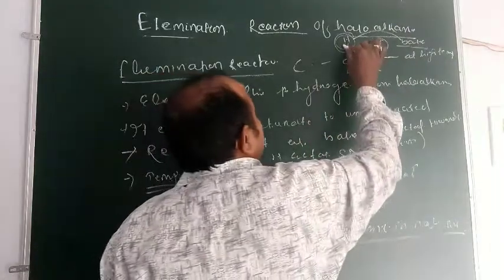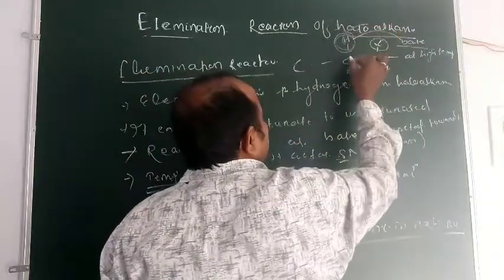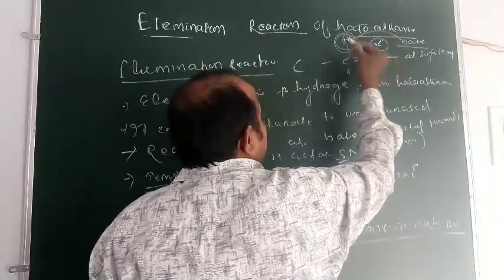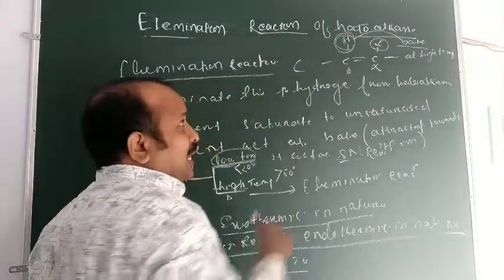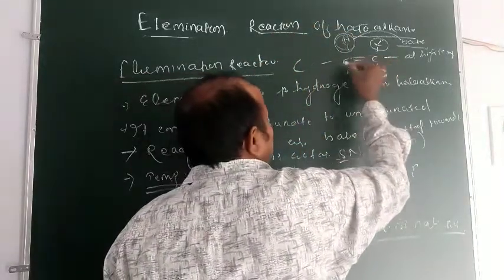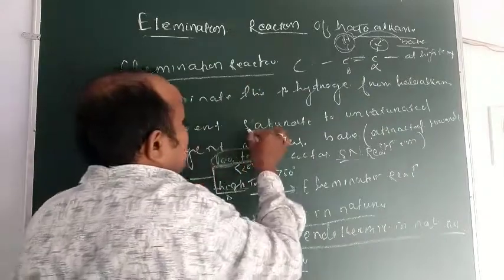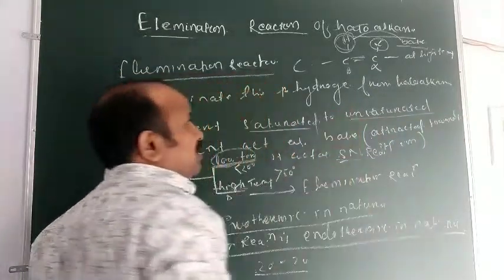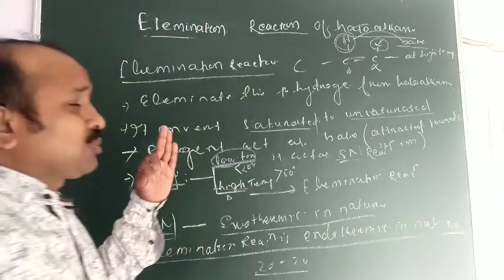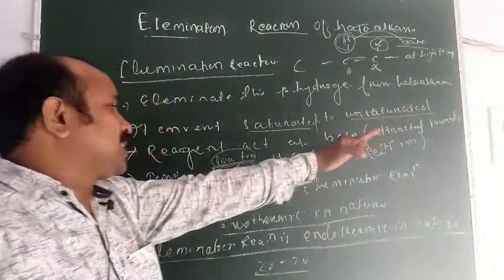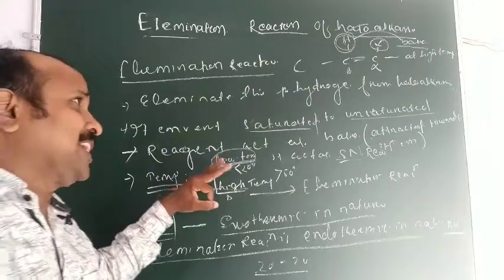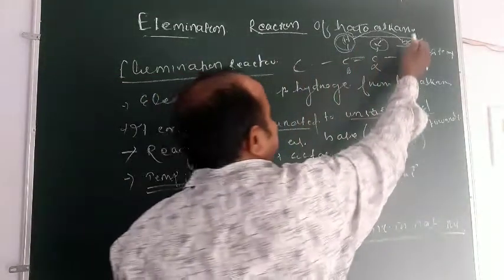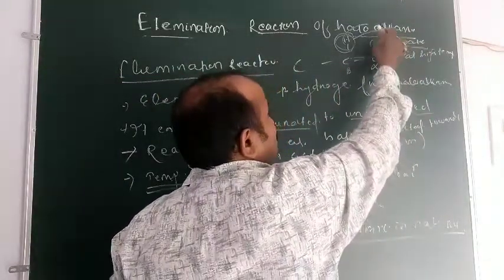When this hydrogen is removed, a double bond forms, converting saturated to unsaturated hydrocarbon.